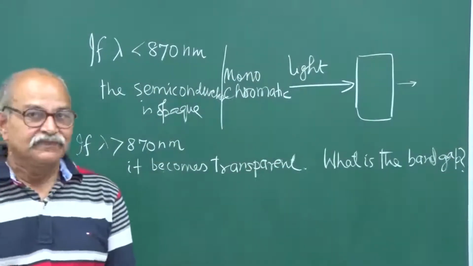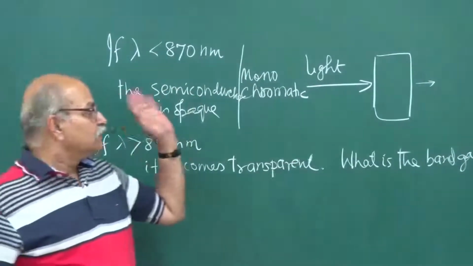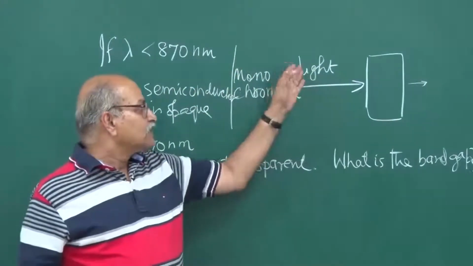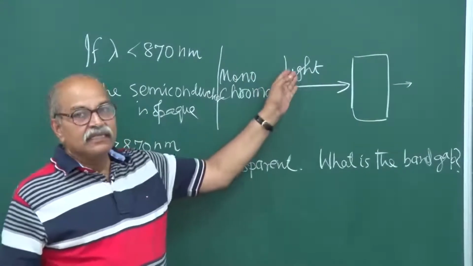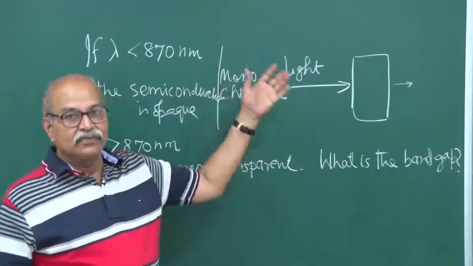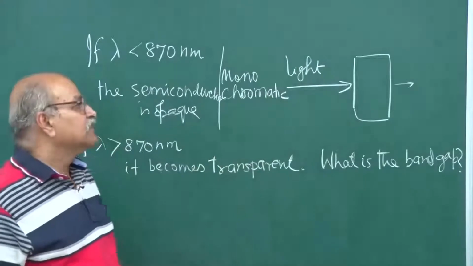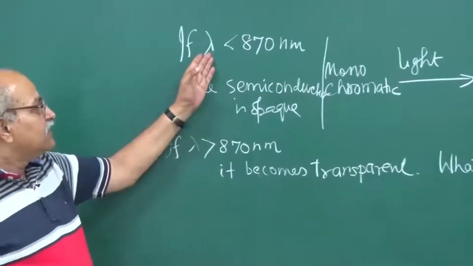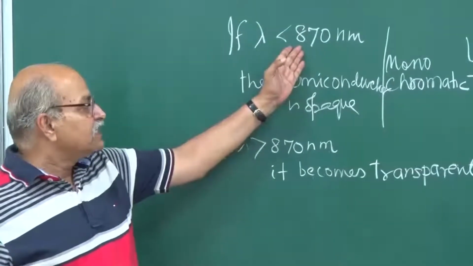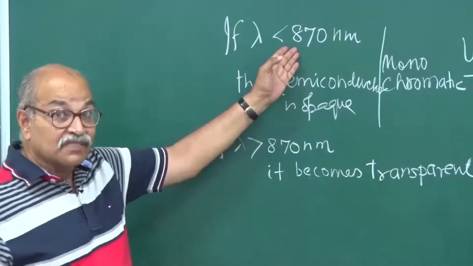Right? So, you have a semiconductor and you allow this light to fall on it. It is a monochromatic light, and you change your light source and work with different wavelengths. You find that if wavelength is less than 870 nanometers, then there is a lot of absorption.